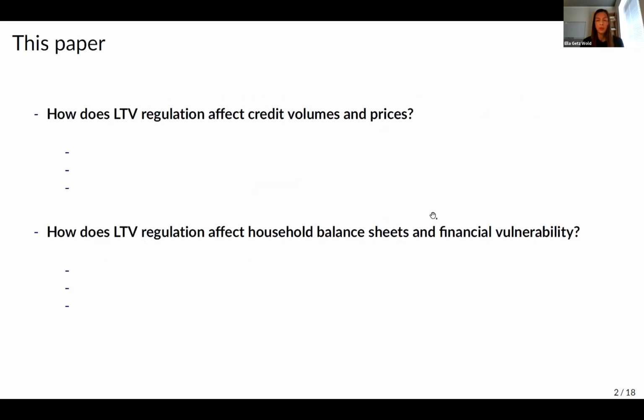In this paper, we look at borrower-based macroprudential policy, specifically in the form of loan-to-value or LTV regulation. We start by asking the question, how does LTV regulation affect credit volumes and prices? And then we move on to what we consider the main part of the paper, which is how does LTV regulation affect household balance sheets and financial vulnerability?